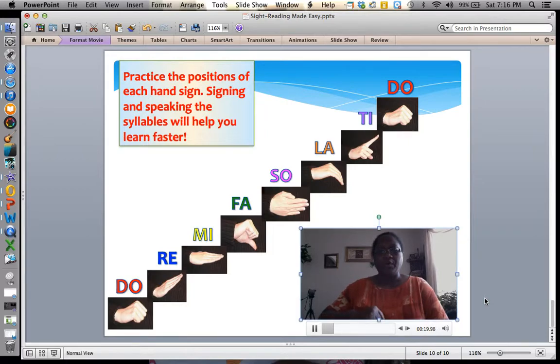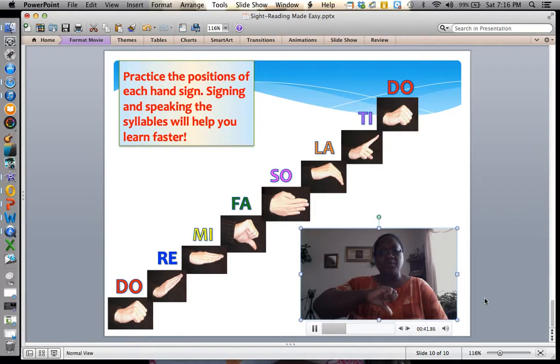Remember, for our do, it's a closed fist, like this. You want to start down by your waist. I'm holding my hand up a little bit higher for the purposes of the video. So it's a closed fist for do. Re is slightly upward. Mi, straight across.